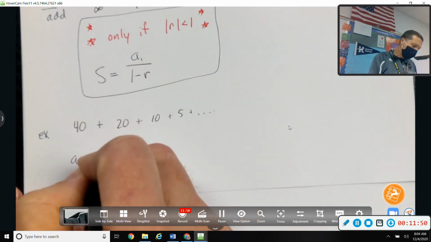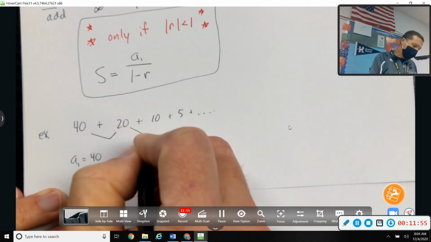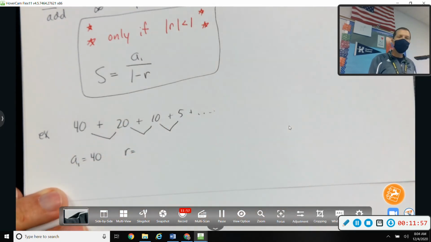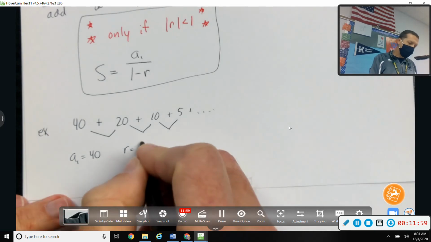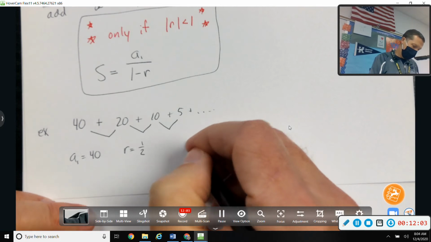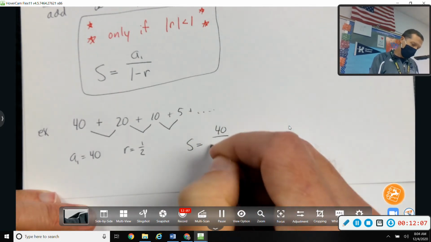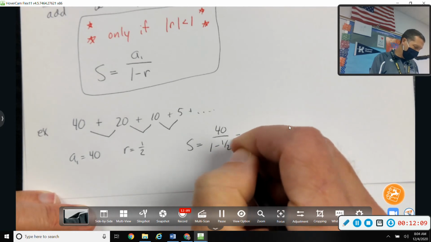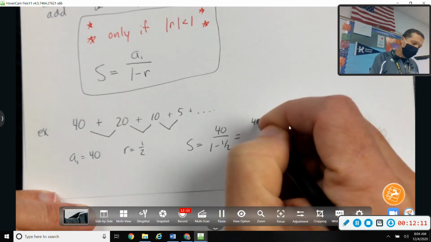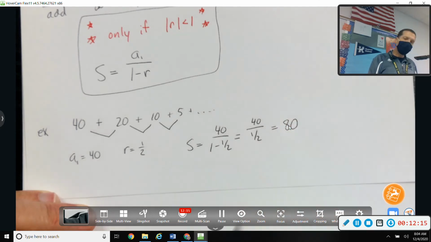That's easy. And r, what's r for this one? 1/2. And 1/2 is less than 1, so we are eligible to use the equation. So A1 over 1 minus 1/2. I don't even need a calculator for that one. 40 divided by 1/2 is 80.